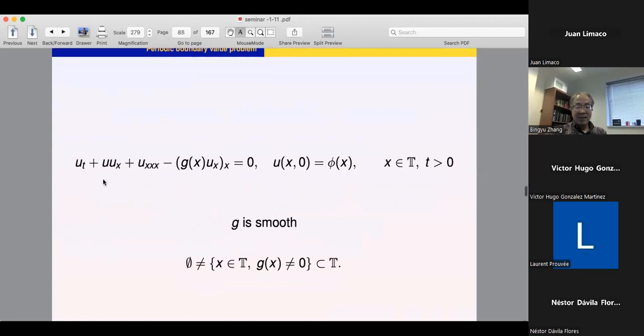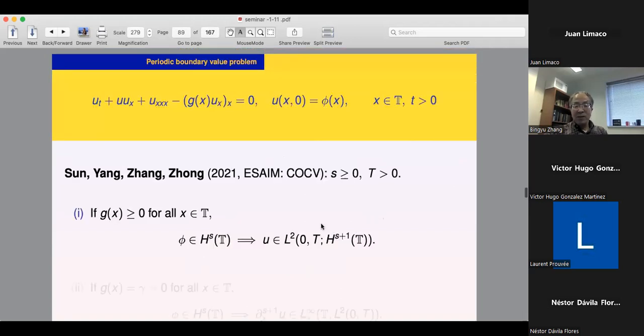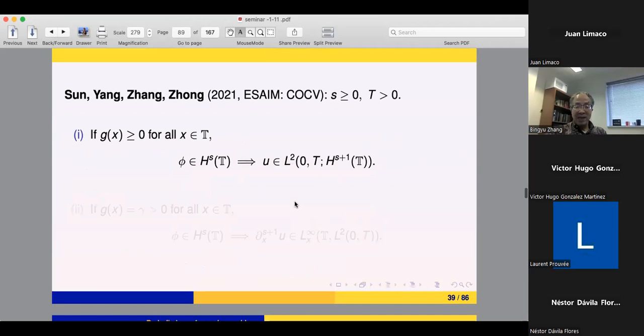Here we consider the KdV-Burgers equation, where g of x is a smooth function, but it could have compact support, a non-empty support that could be a very small open subset of this periodic domain. Then we can prove this result.